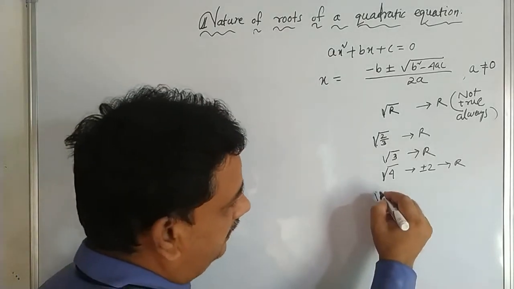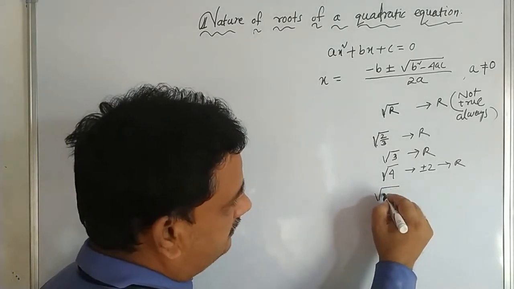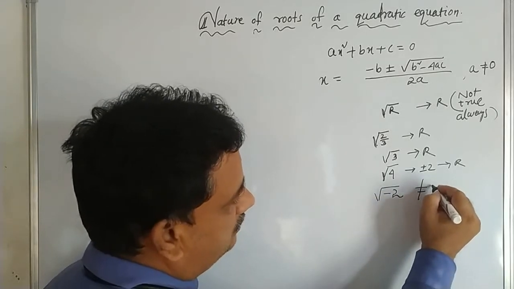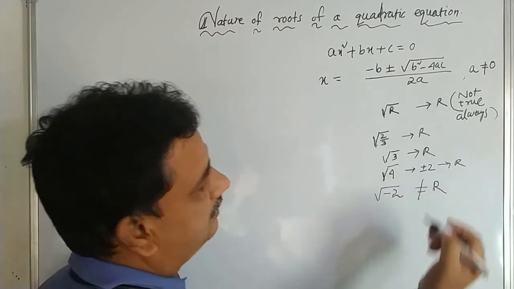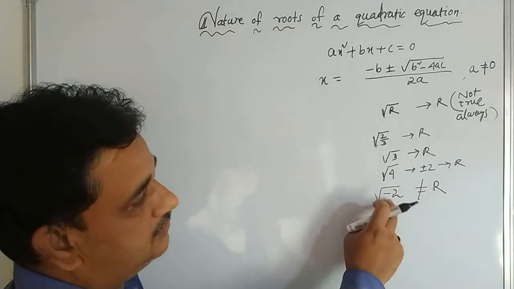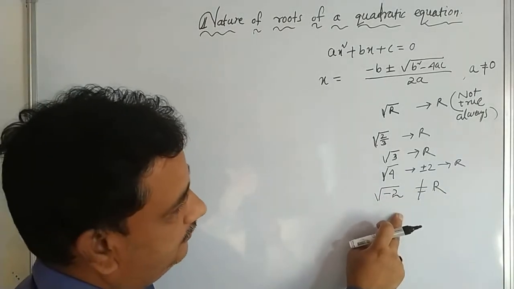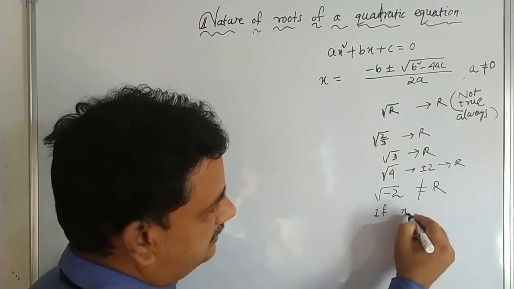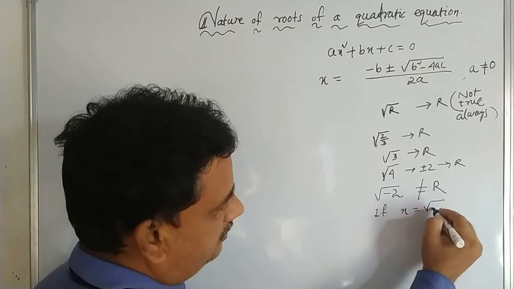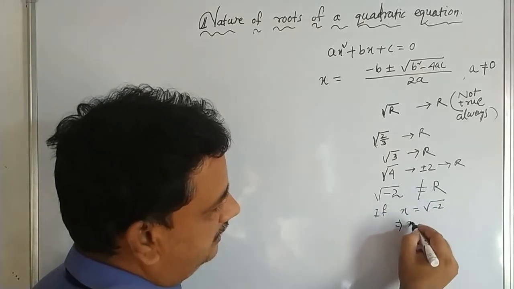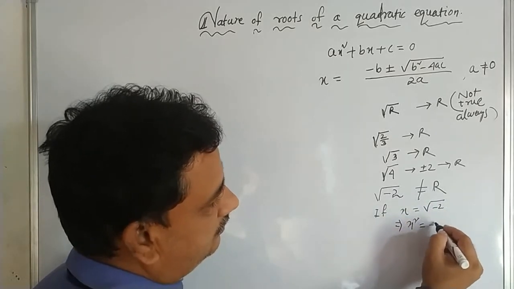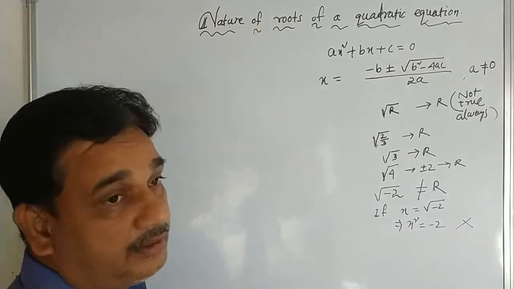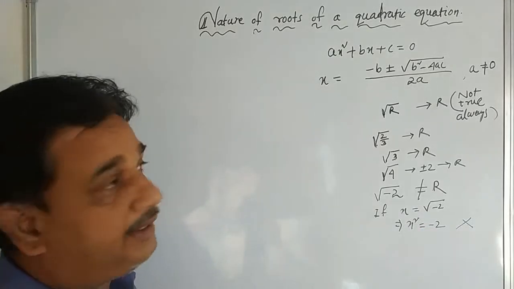But square root of minus 2 is not a real number, because if we take x equal to square root of minus 2, then x square is equal to minus 2, and the square of any real number cannot be negative.